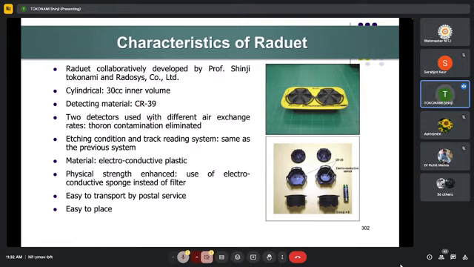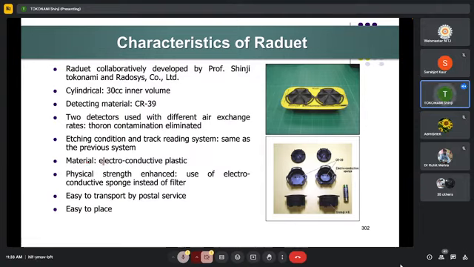Two detectors are used with different air exchange rates, and therefore thoron contamination can be eliminated. The etching condition and track reading system are the same as the previous system.